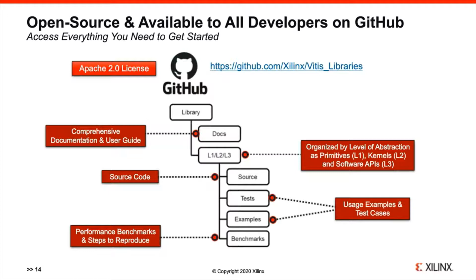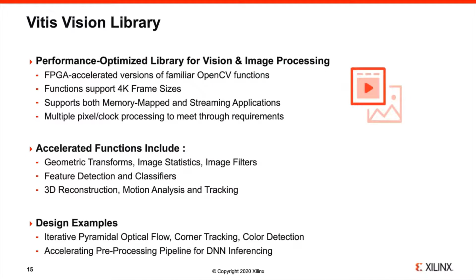Now that we've covered the basics around the Vitis libraries, let's introduce you to some examples. Now we'll take a look at 2 domain-specific libraries and 2 common libraries. Computer vision and image processing are great candidates for FPGA acceleration.